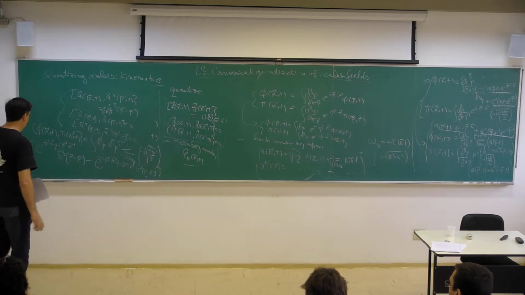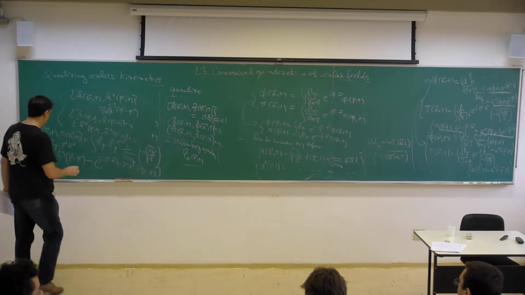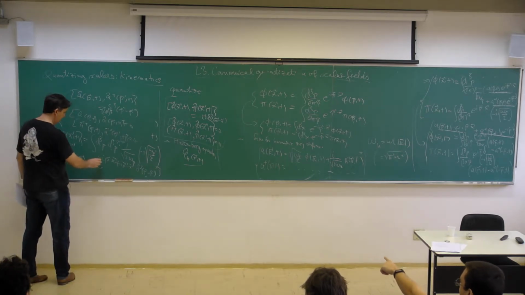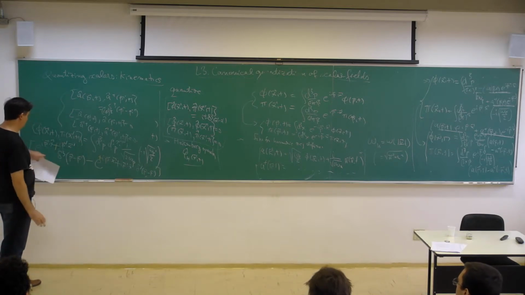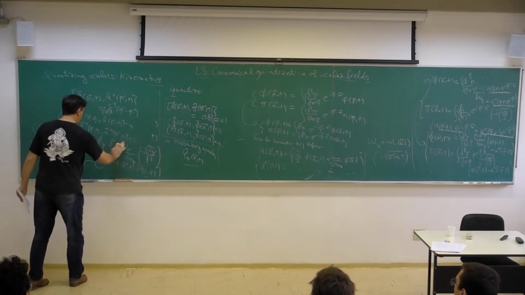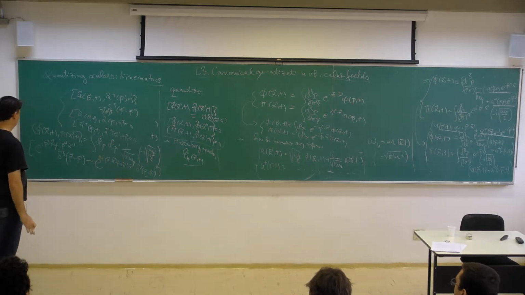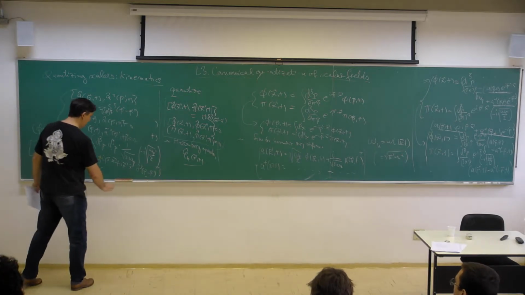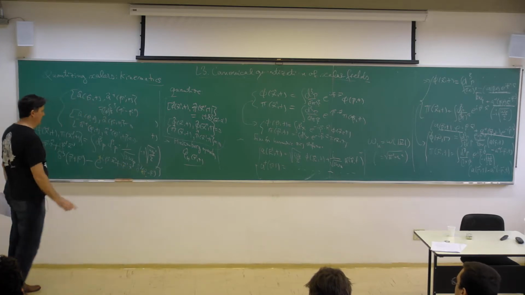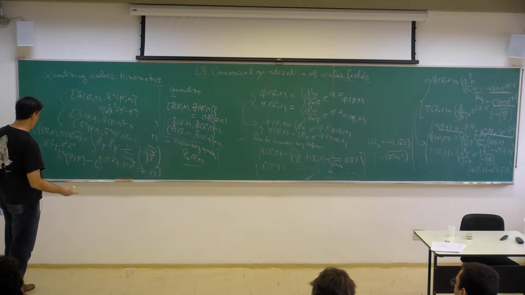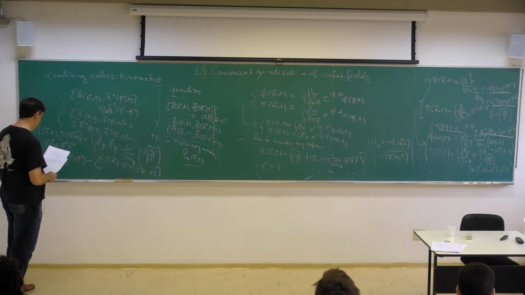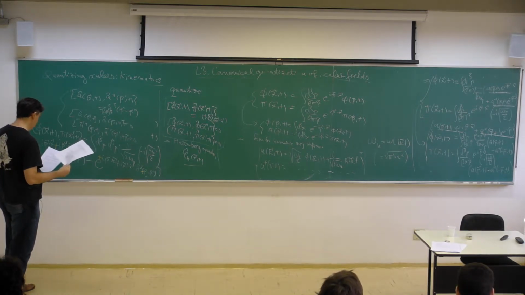Not sure what. In one term, you can substitute p prime and in the other just p, right? So I get plus here. Okay, so now I have the same thing. But if I do this, I also have p plus p prime, and here minus p, but delta of minus something is equal to delta of something. But I don't get the relative minus sign, so why? What did I do wrong here?